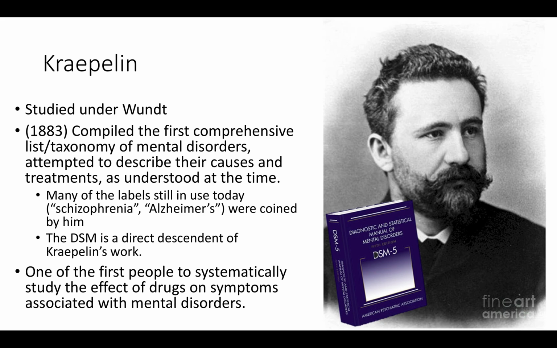It's kind of like the Bible of mental disorders, except most people who like treating and diagnosing mental disorders usually have some sort of bone to pick with the DSM. But it is an important element.